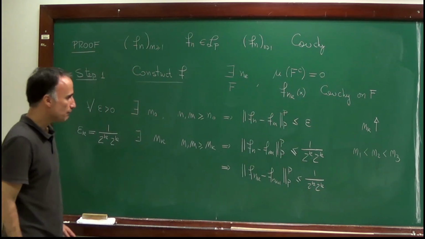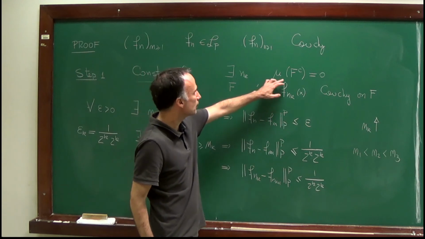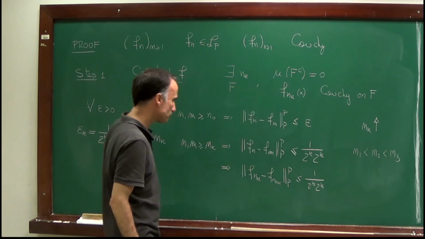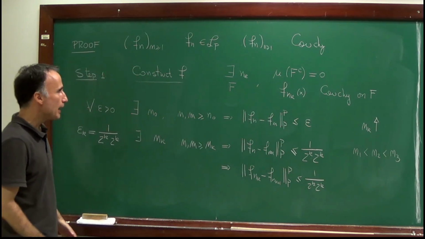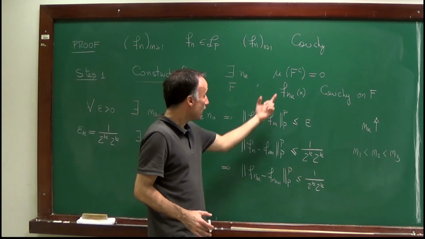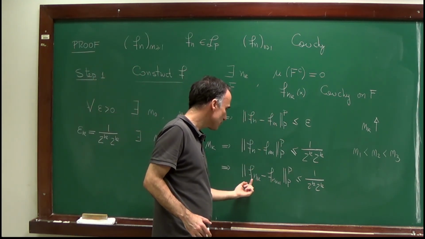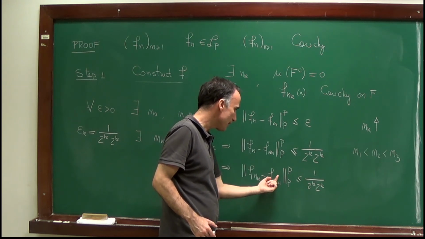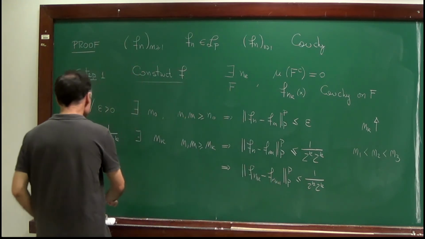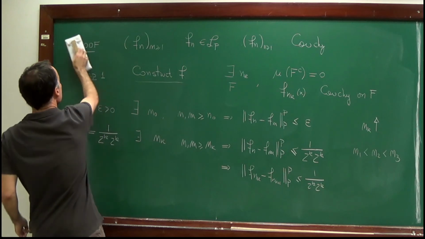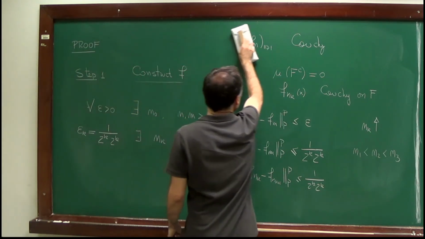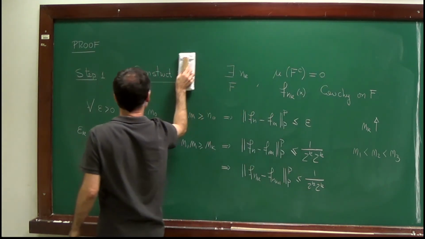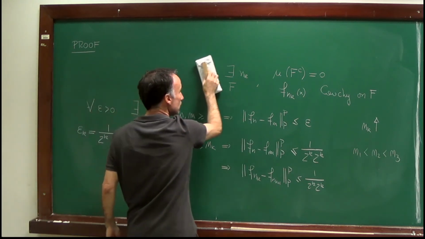Right, now we'll start to construct our set F. In this set F, I want the difference between f nk x and f nk plus 1 x to be small. So let me erase the first few lines to continue the proof on this blackboard.